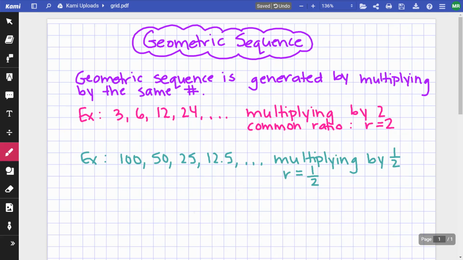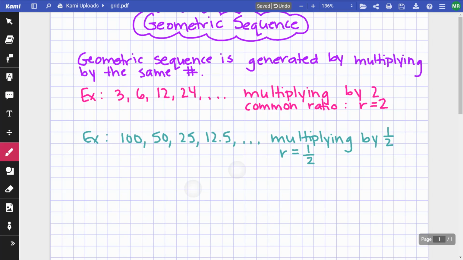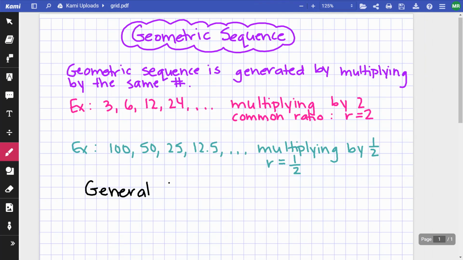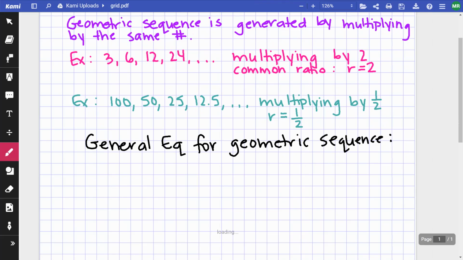Now, in order to write an equation for a geometric sequence, the general equation is going to be the following. In Integrated 1, we usually started with our a sub 0.